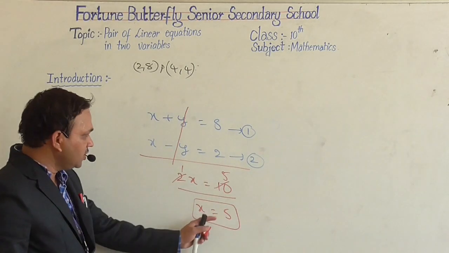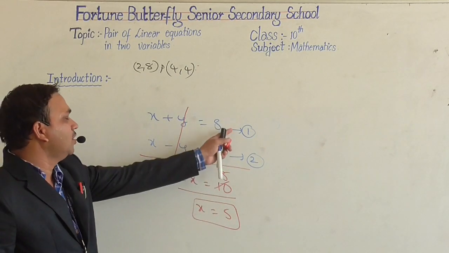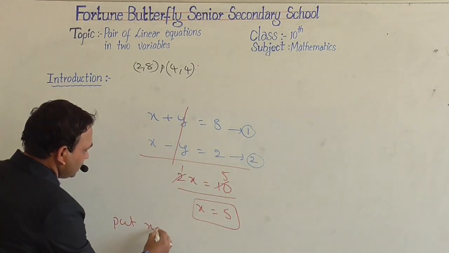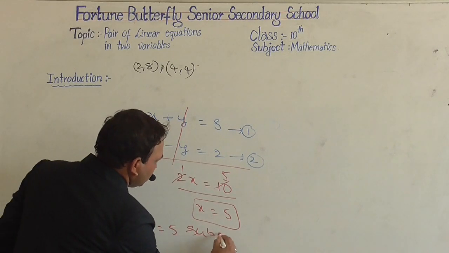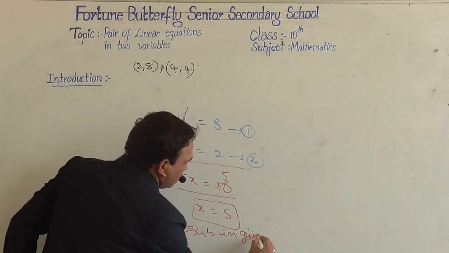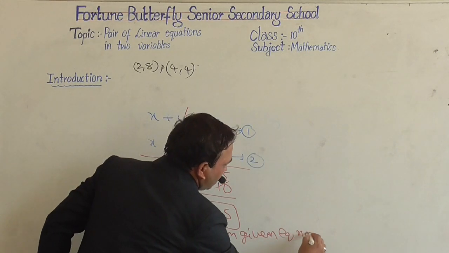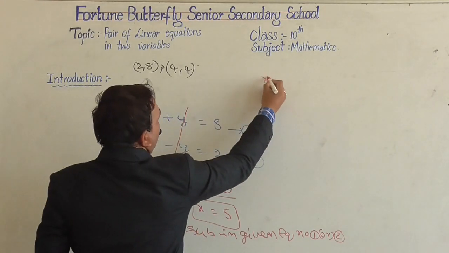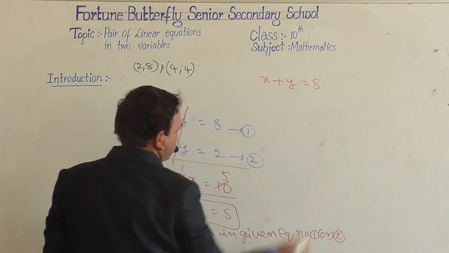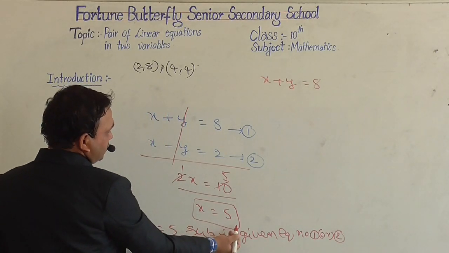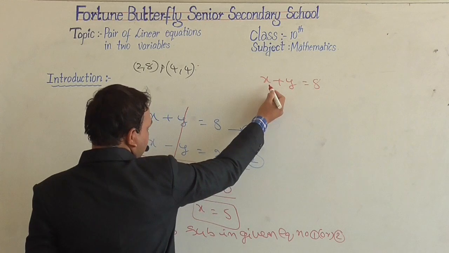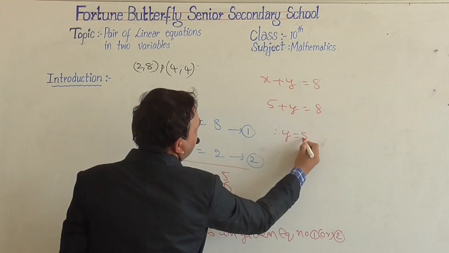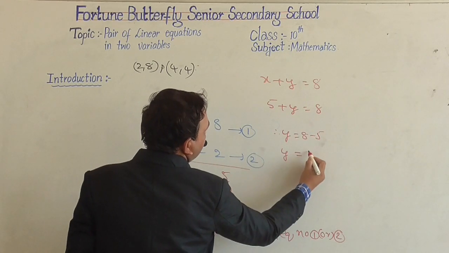Substitute this value of 5 in either the first or the second equation. Putting x is equal to 5 in equation number 1, x plus y is equal to 8, so 5 plus y is equal to 8. Therefore y is equal to 8 minus 5, which is 3.